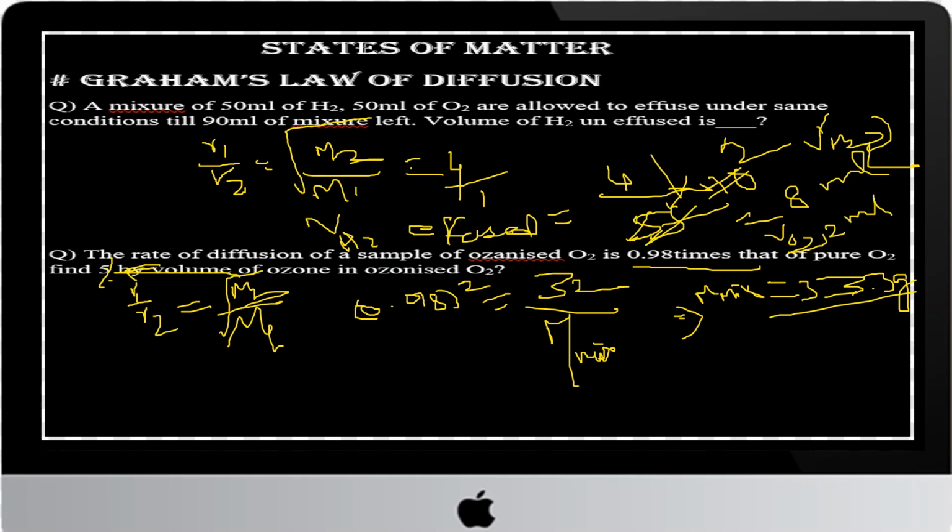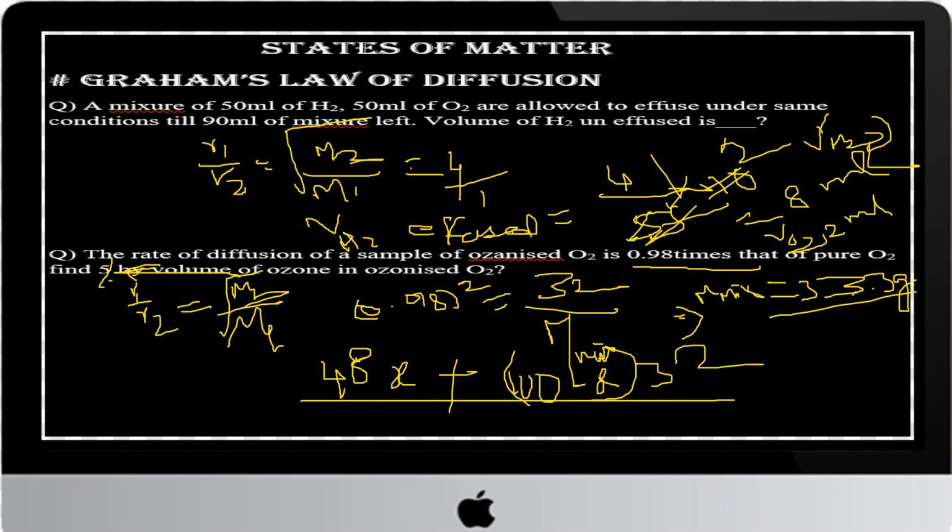And to find the volume percentage of oxygen, the first thing you should do is: 48x plus (100 minus x) into 32, by the total volume of 100, equated to 33.3.